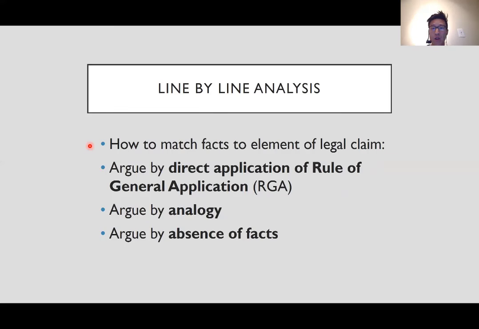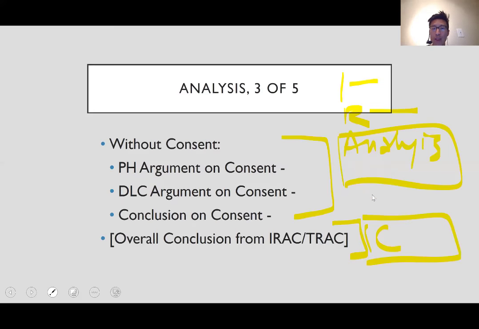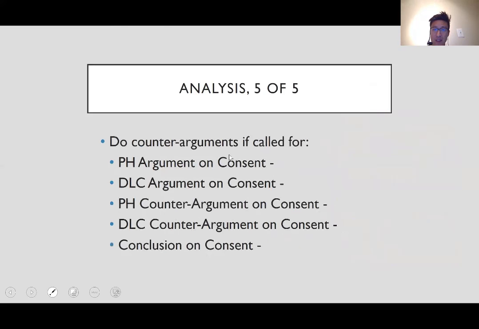I wanted to talk about the different ways of reasoning. This is just the start of a list of general categories of tools that you have when you engage in this line level analysis. What is the style of argumentation? How is it exactly that pie haters is applying the facts to the issue of not giving consent?